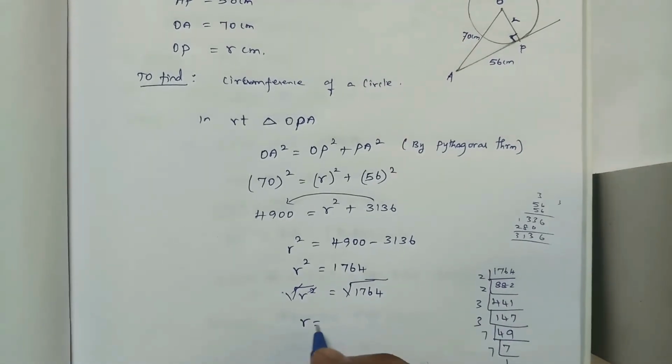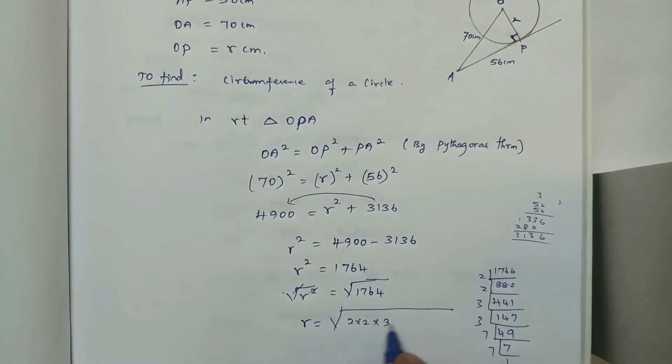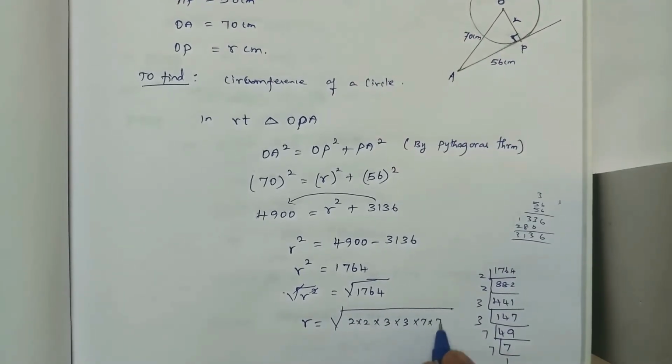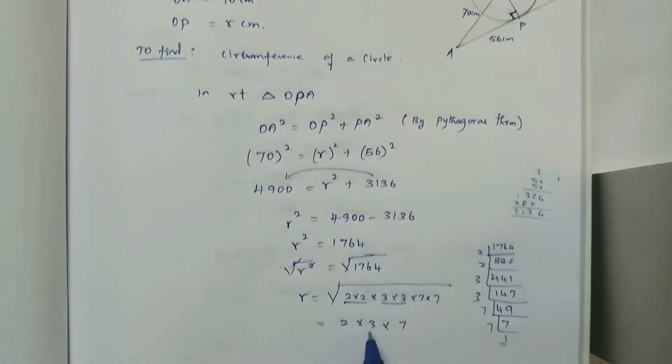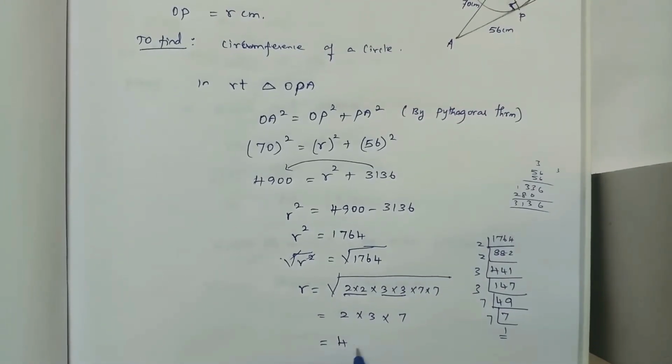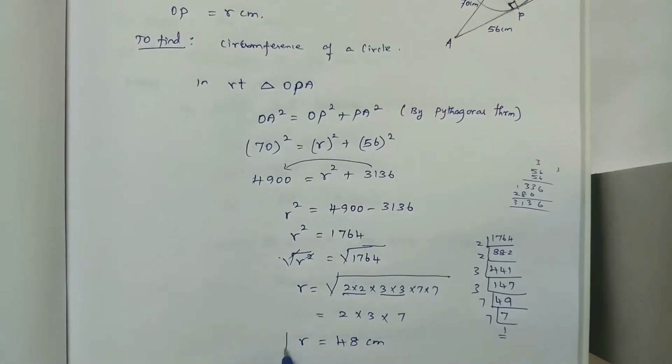So r is equal to square root of 2 into 2 into 3 into 3 into 7 into 7. For each pair, one comes outside: 2, 3, 7. So 2 threes are 6, 6 sevens are 42. So the radius is equal to 42 centimeter.